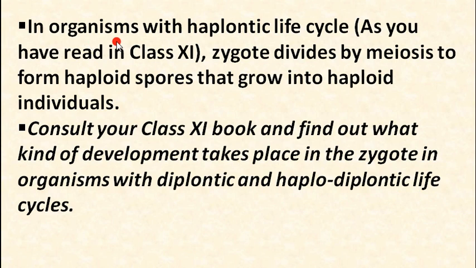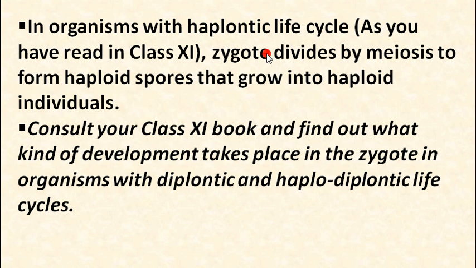Now in organisms with the haplodiplontic life cycle, as you have read in class 11, the zygote divides by the meiosis to form haploid spores. Now we should know what is haploid and diploid, because in the previous video I have already talked about this thing. There are two different life cycles in the plants.